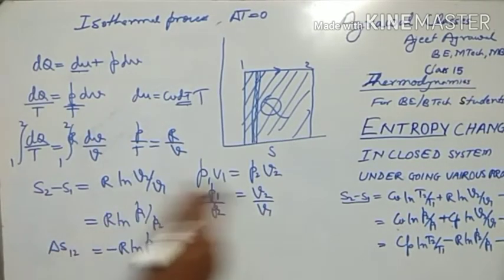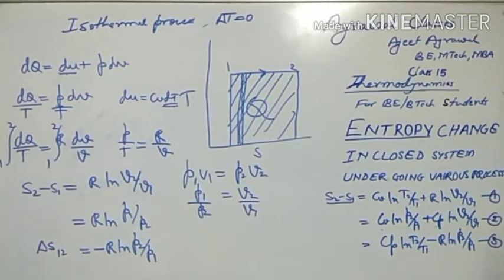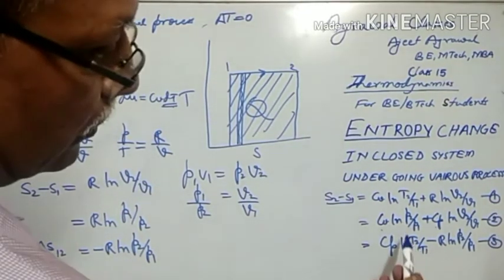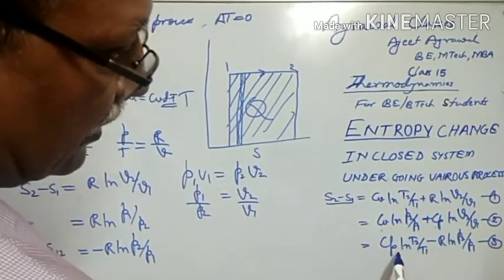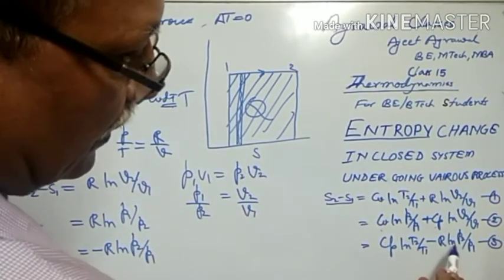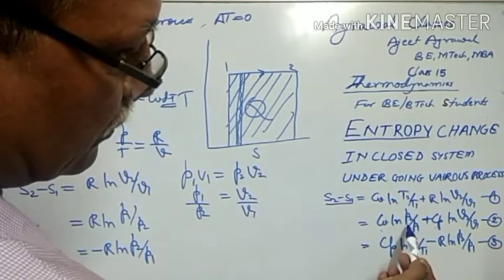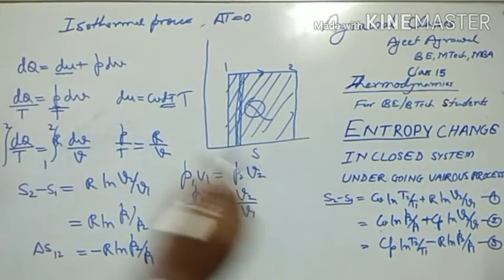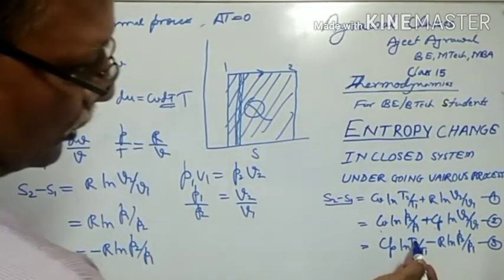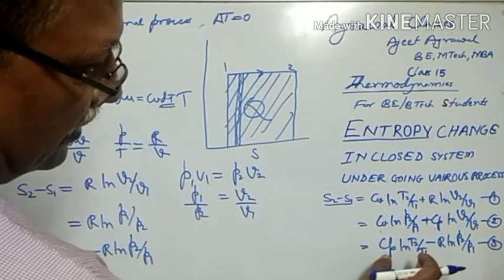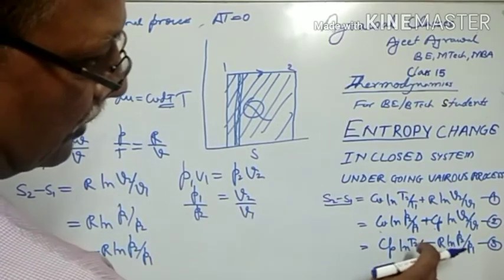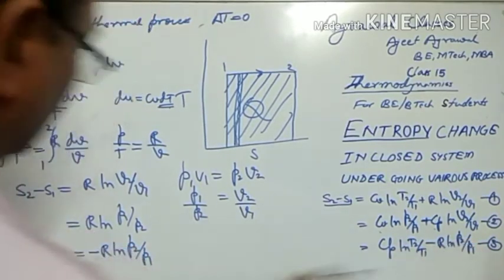If we again go for the general equation, here we are having P2 and P1, and in this equation also we are having P2 and P1. But here we are considering the isothermal process. So T2 by T1 we will consider, this is a constant 1. So this becomes 0. So it becomes minus R log of P2 by P1.